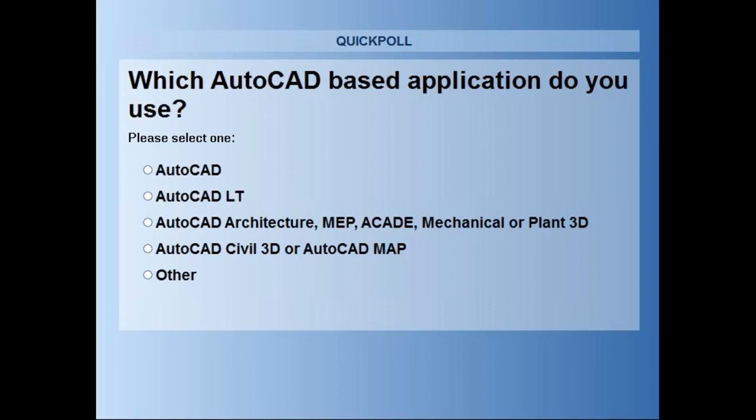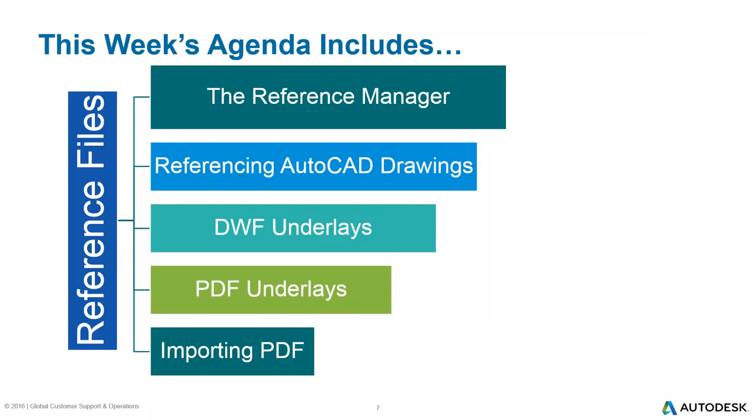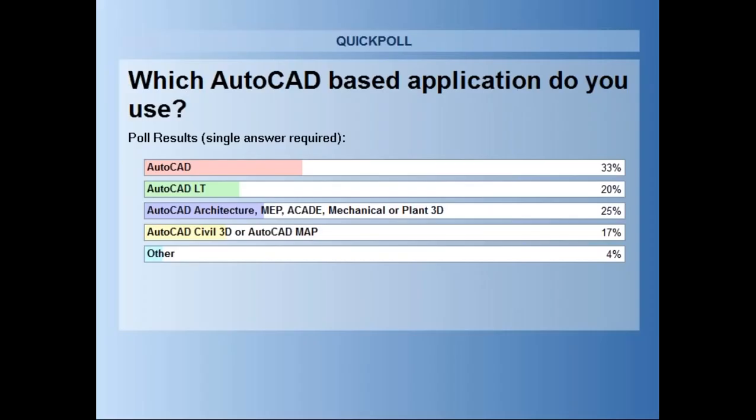It looks like a pretty close split this time around. The majority are still going to be AutoCAD and AutoCAD LT users, but let's let you take a look at how that worked out. 33% AutoCAD, so about 53% on the AutoCAD and LT package, and then 25% using the AEC product. So very cool. Thank you for taking care of that poll.